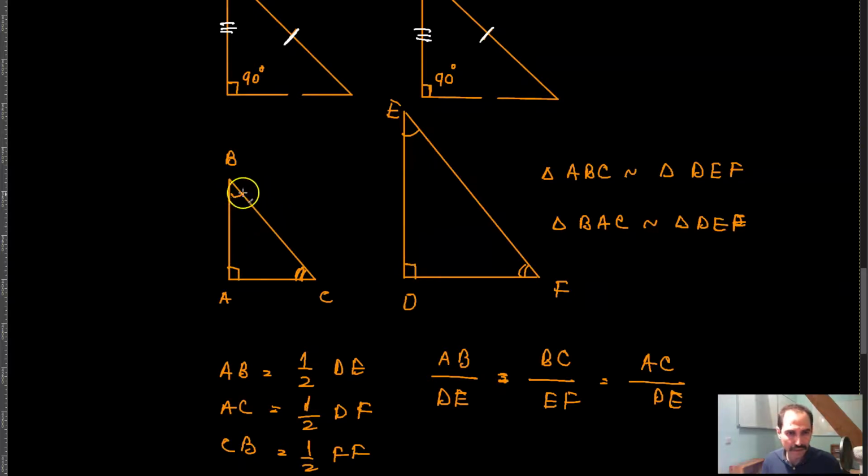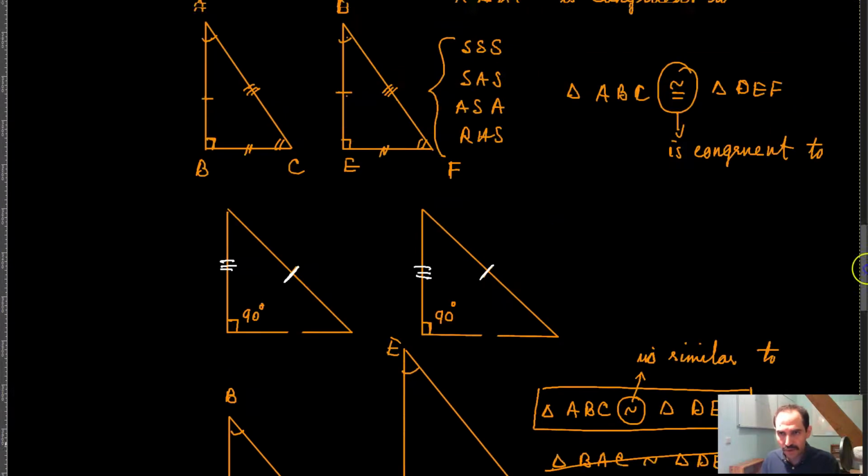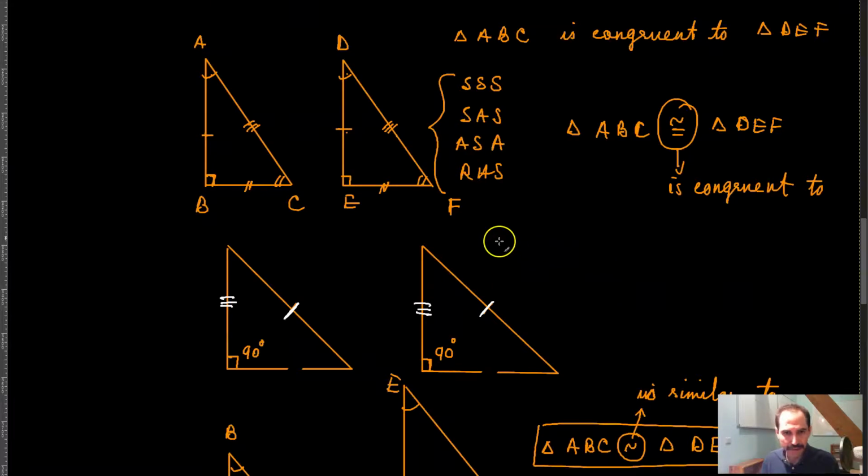You can see that over here you have some acute angle, over here you have a 90-degree angle, so this is not right. In both of these cases, congruence and similarity, which means is similar to, the order of the vertices is important.